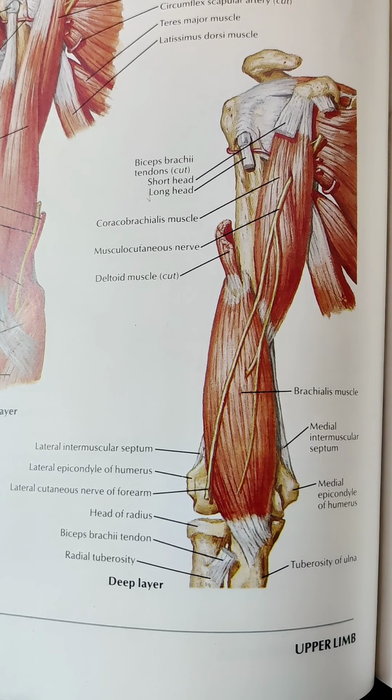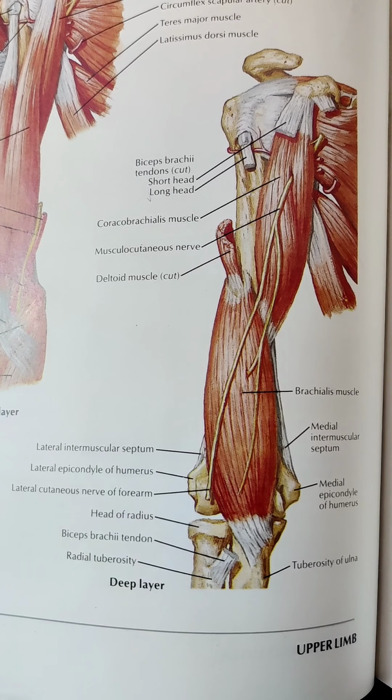When it comes to the nerve supply of the brachialis muscle, it is supplied by both the musculocutaneous nerve as well as the radial nerve. When it comes to the action of the brachialis muscle, the brachialis is the primary flexor of the forearm. It produces flexion at the elbow joint irrespective of pronation or supination of the forearm, as well as the presence or absence of resistance.